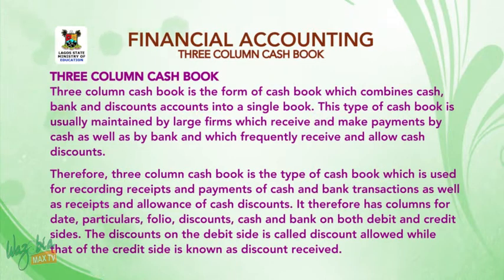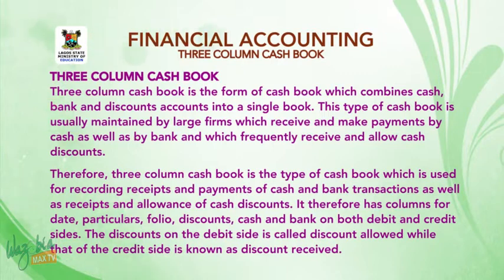What is 3-column Cashbook? 3-column Cashbook is the form of cashbook which combines cash, bank, and discounts accounts into a single book. This type of cashbook is usually maintained by large firms which receive and make payments by cash, as well as by bank, which frequently receive and allow cash discounts.